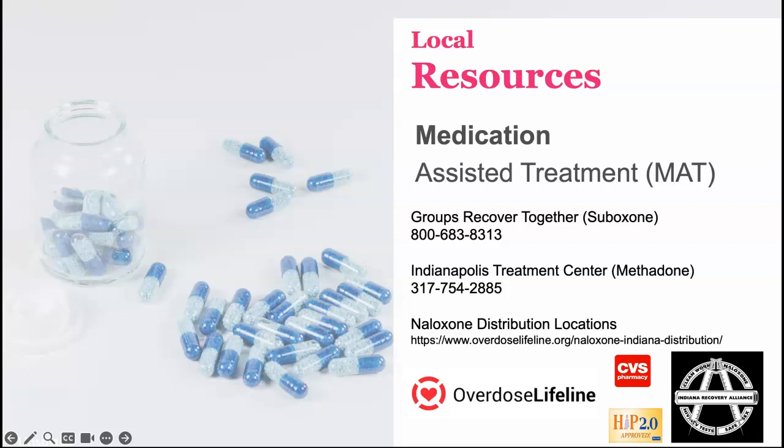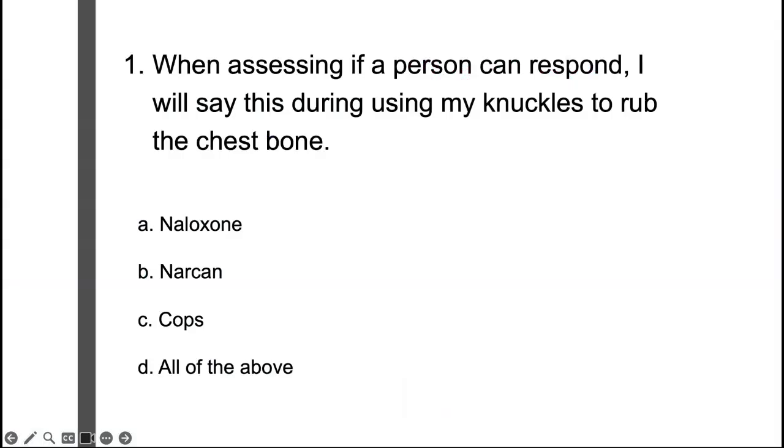Overdose Lifeline is also a magnificent resource. This website that I have linked is for the naloxone distribution locations here in Indiana. Oftentimes, firehouses will have naloxone distribution.